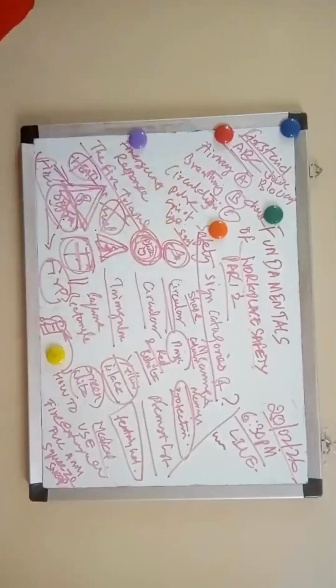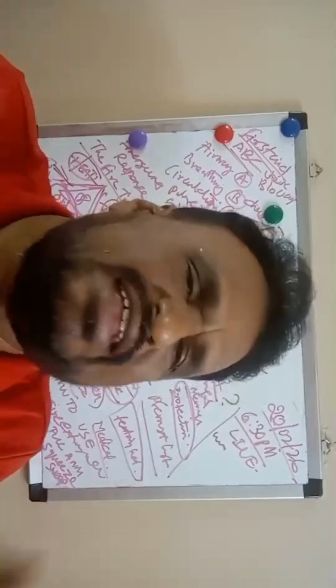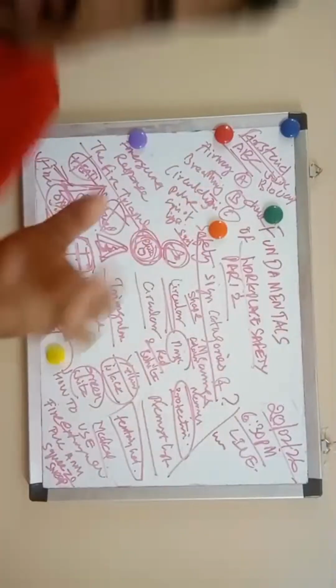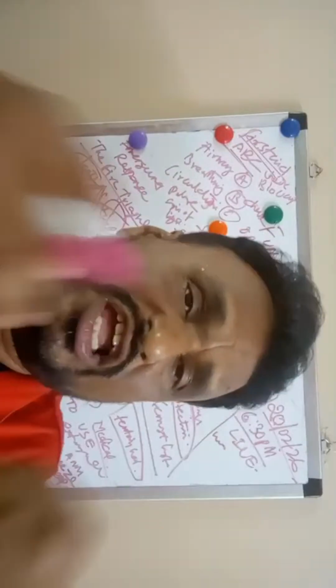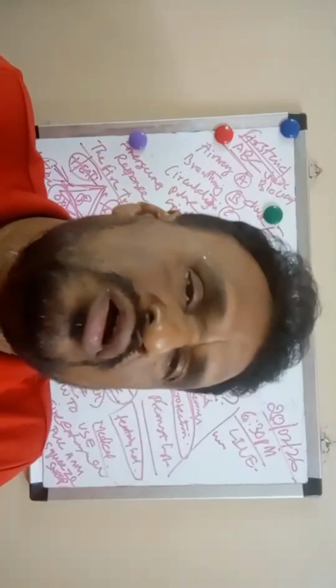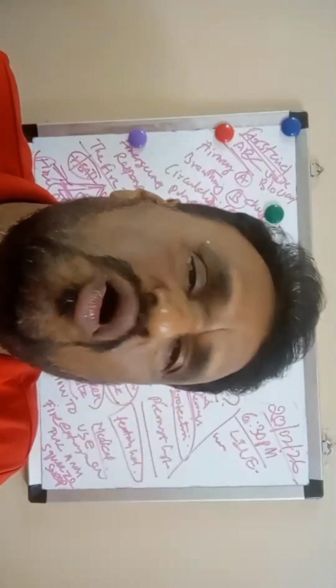A, B, C. Airway means you check whether there is any blockage in the airway. Then you check breathing, whether the person is breathing properly or not. If the problem is breathing, bring the person to an open area and give them air.